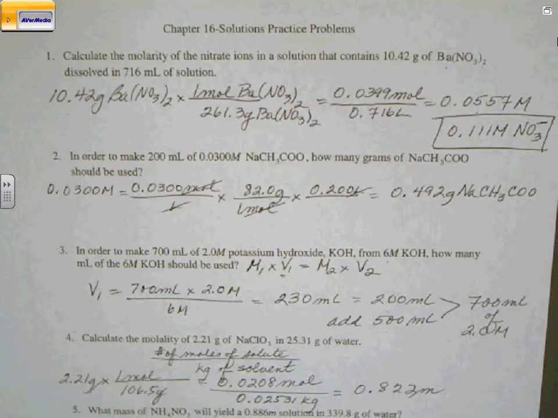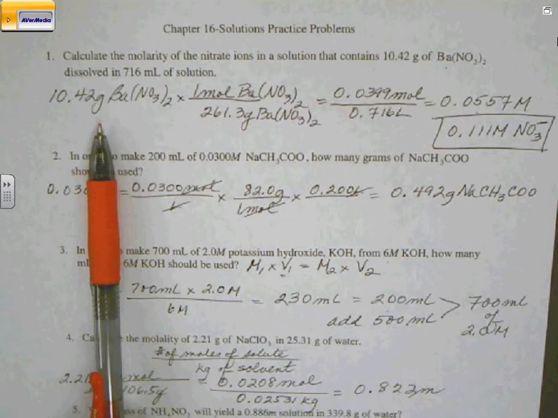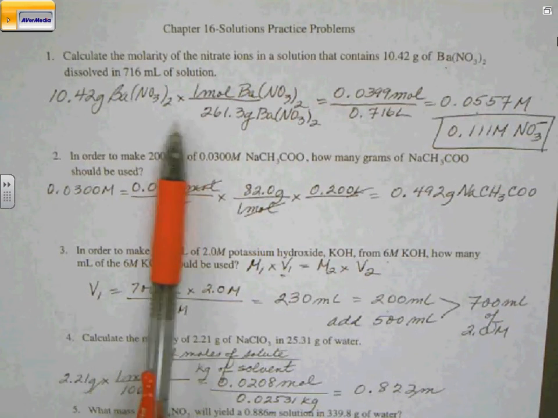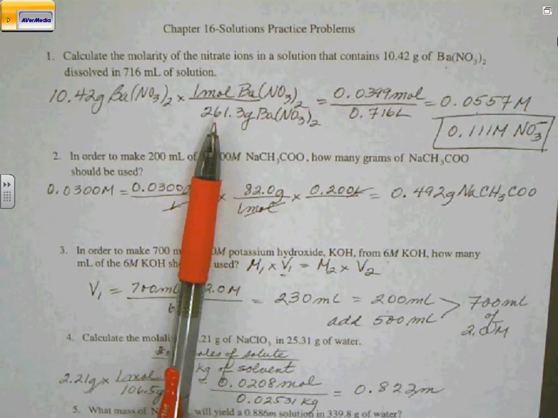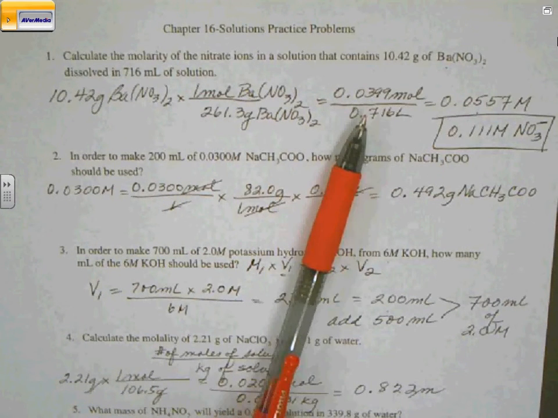The first thing I did is convert the 10.42 grams of barium nitrate to the number of moles, because recall, molarity means number of moles of solute over liter of solution. The molar mass of barium nitrate is 261 grams, so I ended up getting 0.0399 moles.